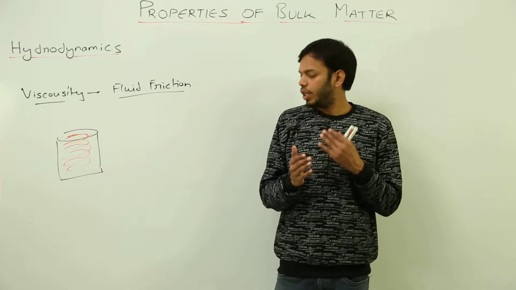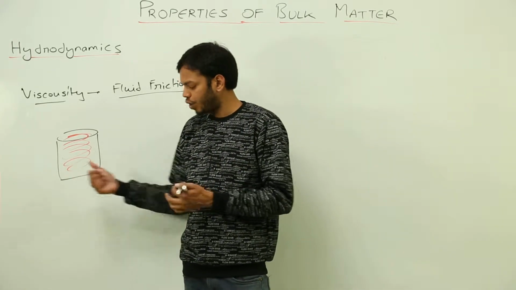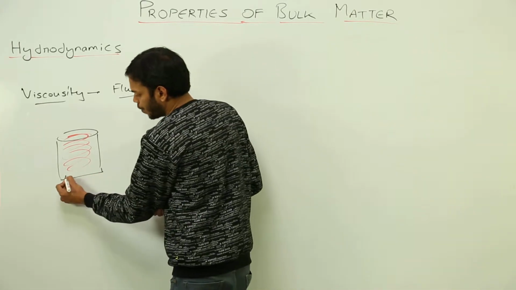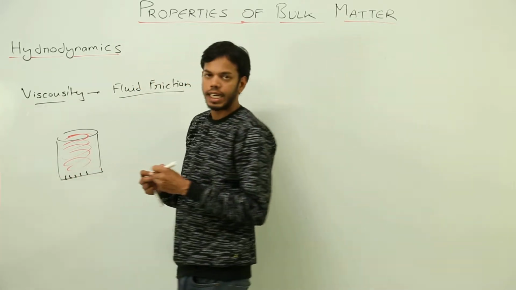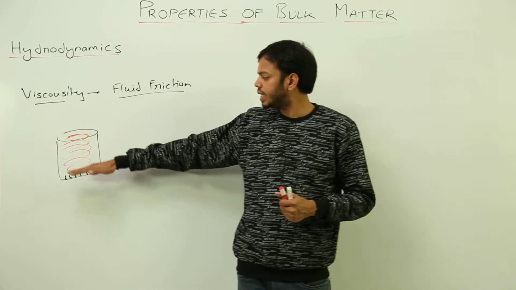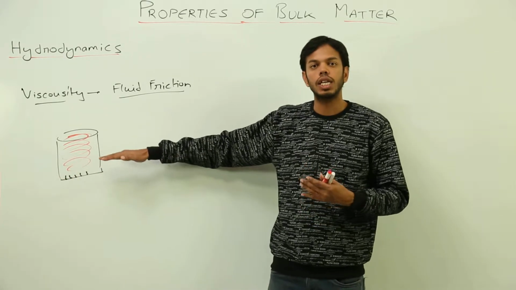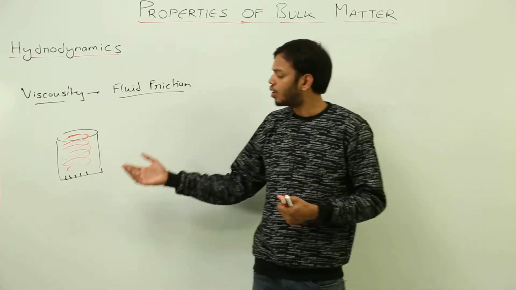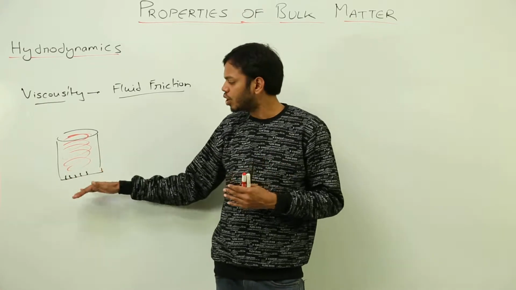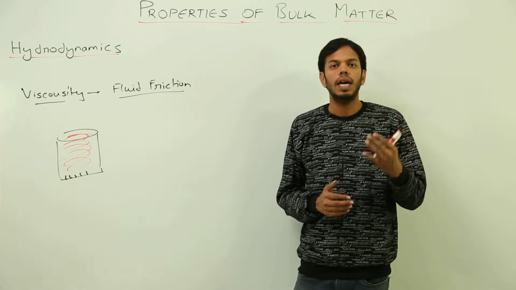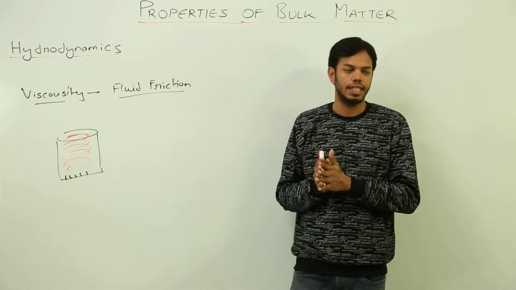So the force of attraction between the lowermost layer and this surface, which is already at rest, makes the lowermost layer of the fluid come to rest. Now that layer will bring the next layer to rest, and this process will gradually follow till the top, until the whole fluid is at rest.